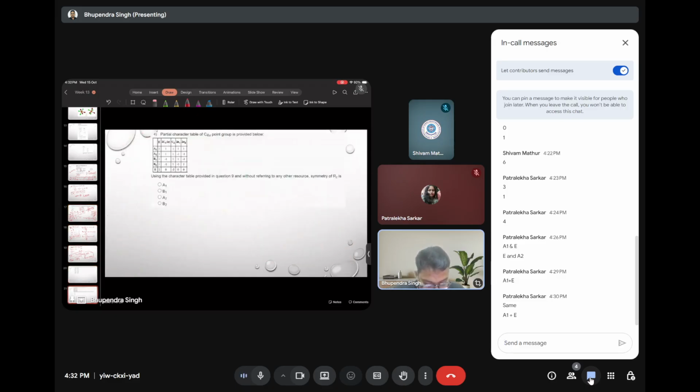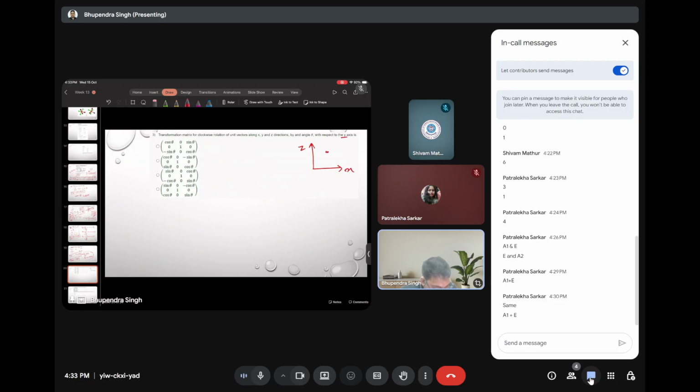Okay, let's move to question number 3. The question is saying: the transformation matrix for clockwise rotation of a unit vector along the xyz direction by angle theta with respect to the y axis is. So y will remain constant.